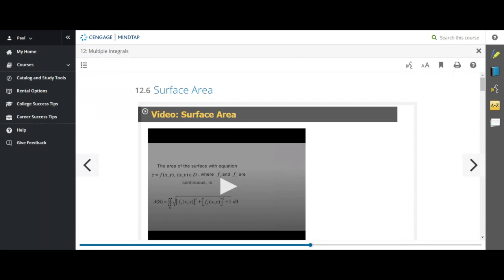Now, let me ask you, are we able to find, for instance, the surface area of a box? Is it possible to find the surface area of a box without too much trouble?